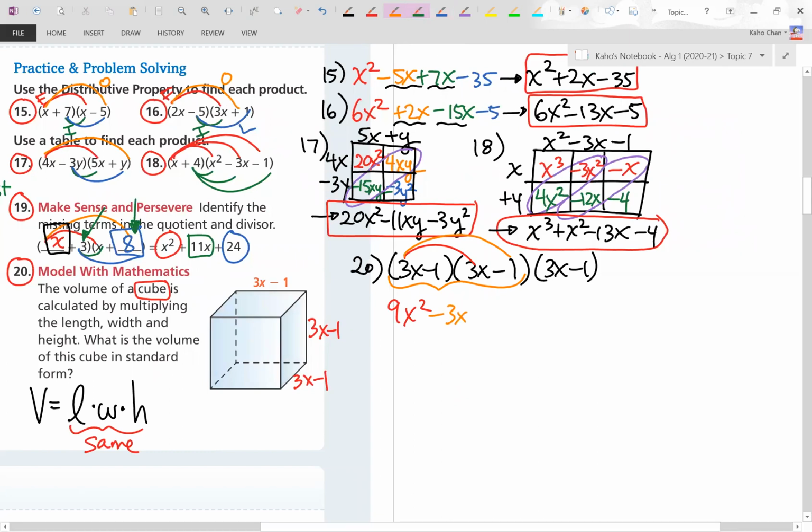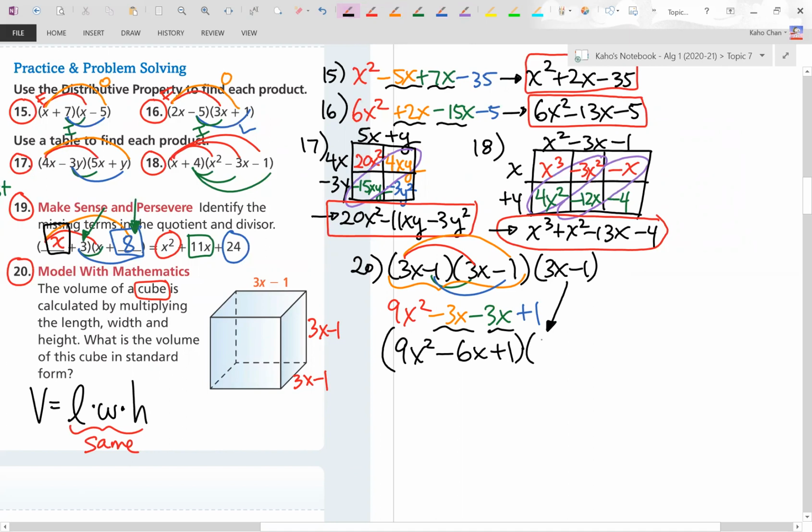Nice. Inner terms. Oh, same product. Yay. And last term, -1 times -1, be careful here, is +1. Clean those up. And I'll get a polynomial of 9x squared minus 6x right there when we combine the middle 2 terms, plus 1.